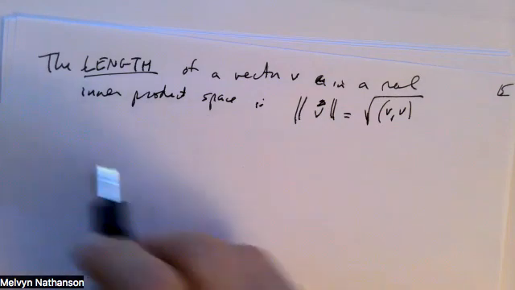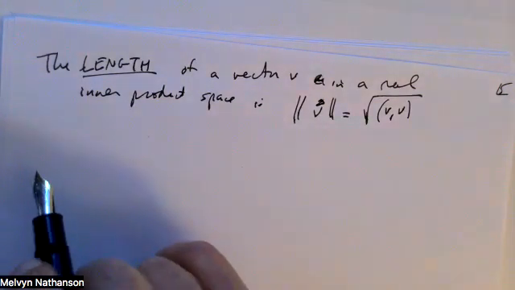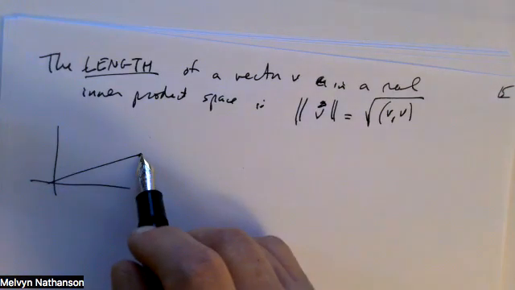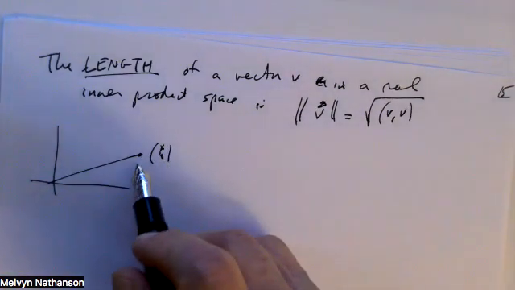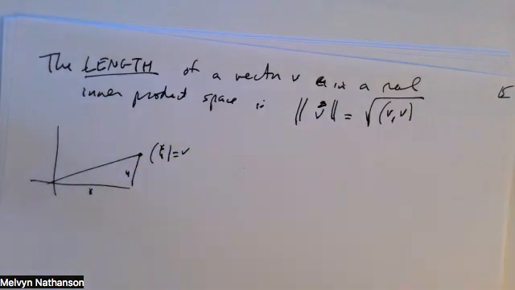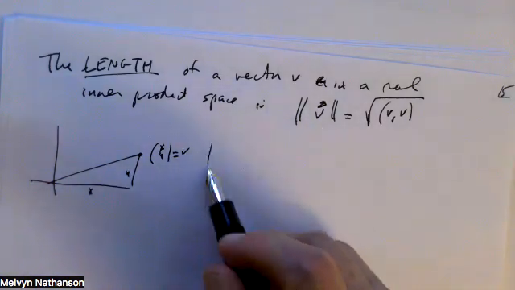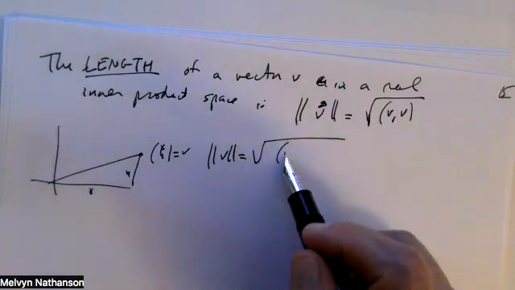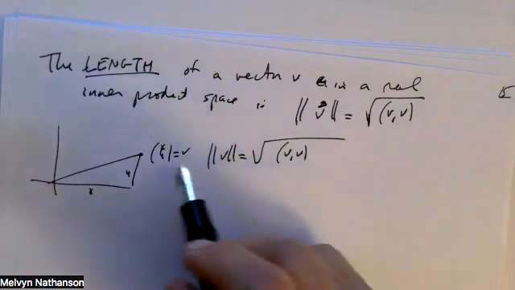Now, let's just check this is consistent with what we usually think of as length. So suppose we're in R2, and here's the vector xy. So this is x and this is y. Let's call this V. So the length of V is the square root of the inner product of V with itself.